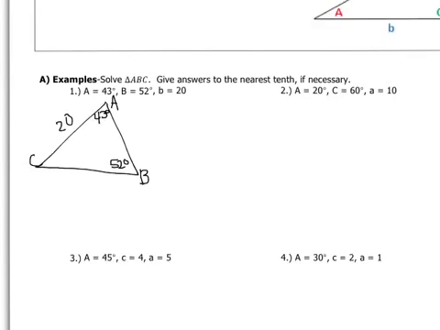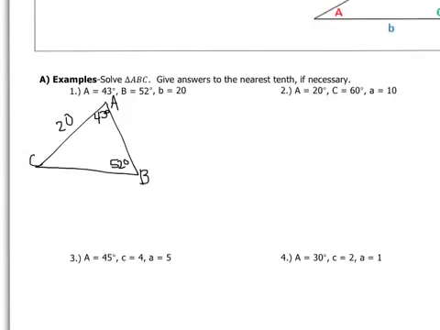All right, so what I have given you is the measures of 2 of your angles and just 1 side length. So think back to when we solved right triangles. Trick I told you, whatever you have 2 of, start off by finding the third. If I give you 2 angle measures, how can we find the third right away?